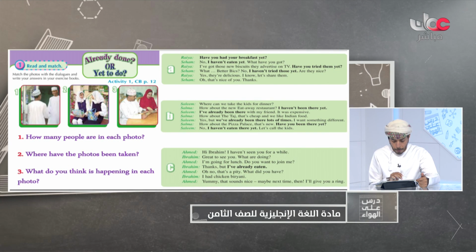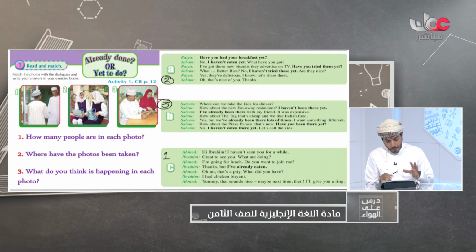Good. And for the next one, B, we have a conversation between Salim and Salma. So we have a male and a female, or a husband and a wife. So this is going to be picture number 3. And of course, last we have Ahmed and Ibrahim, who are in picture 1.